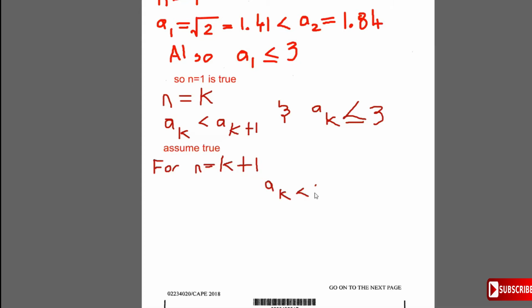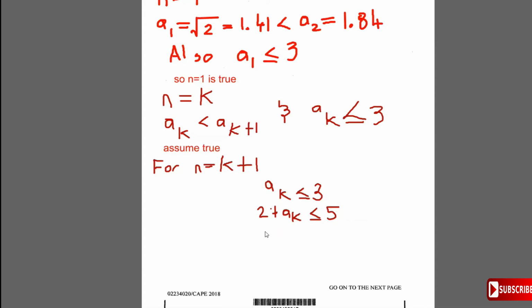Then we're going to add 2 to it, and so 2 plus ak is less than or equal to 5.